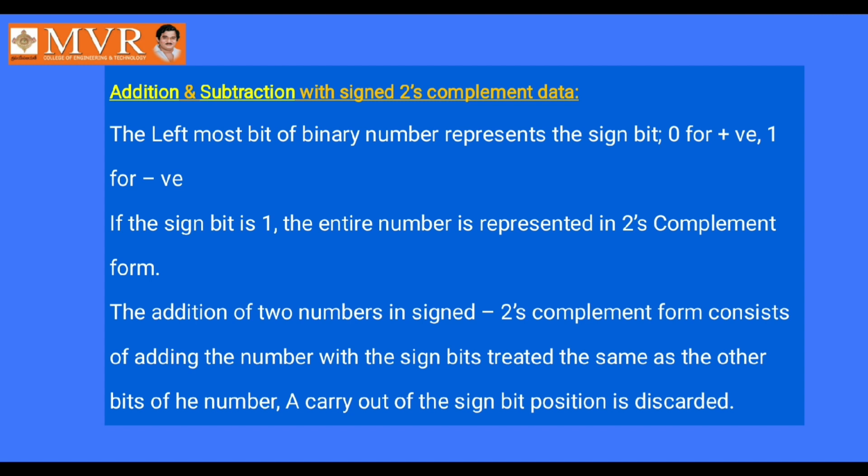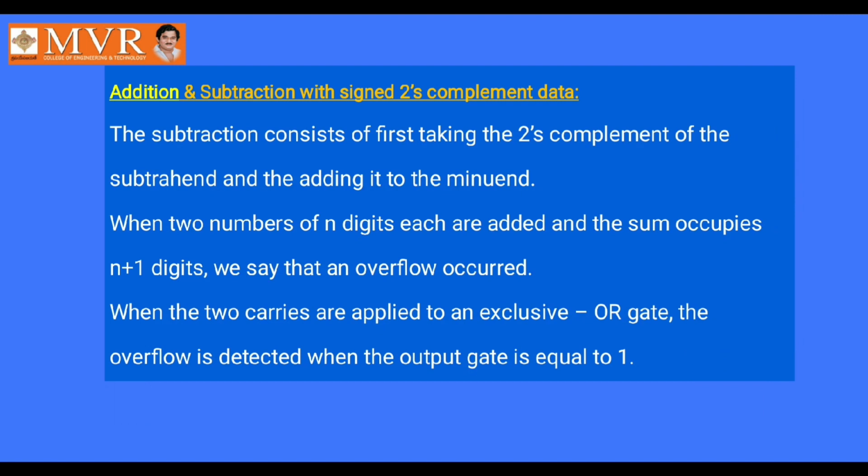After representing it in 2's complement, we add those two numbers. After adding, if a carry is there, it is simply discarded and the result is considered a positive value. If no carry is there, then we convert it into the 2's complement form, and for the result we put a one value, which represents the negative result. So this is the way we are going to perform addition and subtraction with the help of the 2's complement method.